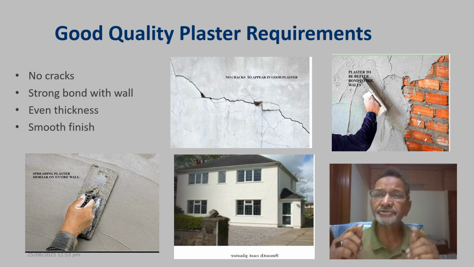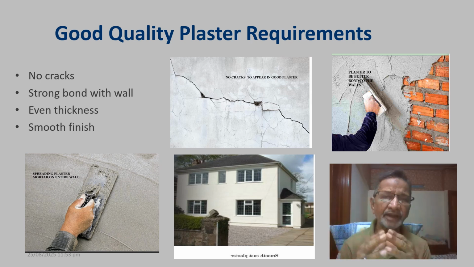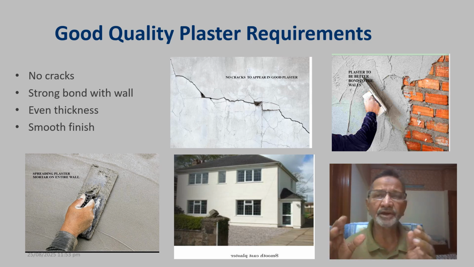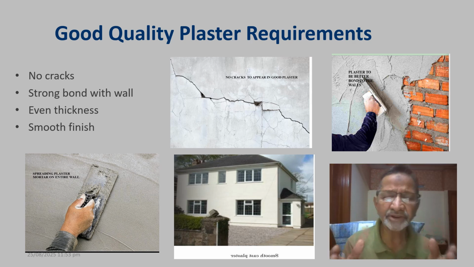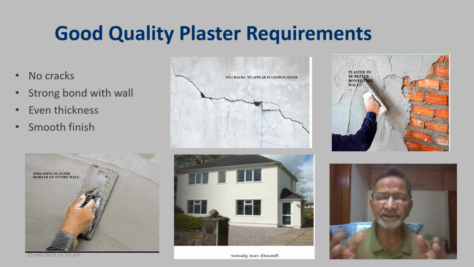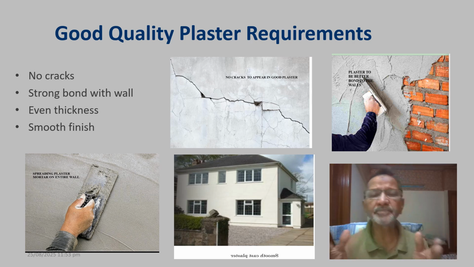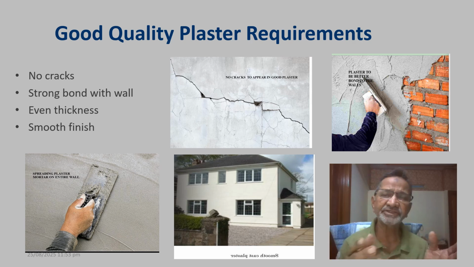No cracks should develop after doing the plaster. There are several reasons for that, because if the mortar, which is cement, sand and water or lime, is not prepared as per the specifications, it can leave the grip of the wall, and cracks can develop.